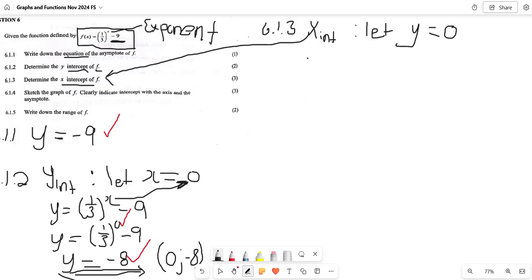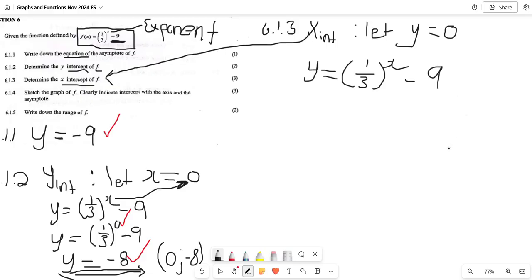Now, we know that f of x is the same as the y. Meaning that where I see f of x, when I'm looking for the x or the y-intercept, in place of f of x, remember candidates, you can write the y. You only write the y when you are looking for the x-intercept or the y-intercept. y is equal to, then what is our function? In bracket, 1 over 3, all to power of x minus 9.